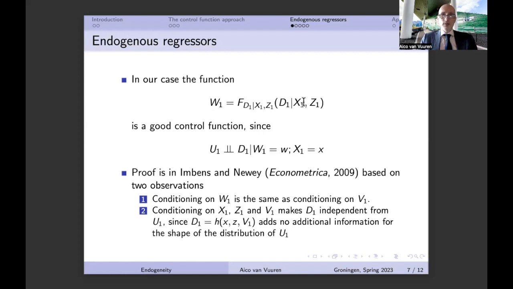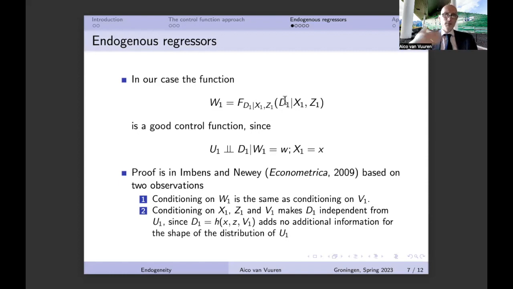And at the moment that we do something like that, we should realize what the interpretation is of any W that we have for a particular individual in our data set. Well, suppose for example that we have a particular person that has a W equal to say 0.50. What is that? Well, that actually means that among the individuals that are exactly identical to that particular individual, that have the same X1 and Z1, 50% of the individuals have a higher level of D1 and exactly 50% of these individuals have a lower level of D1.